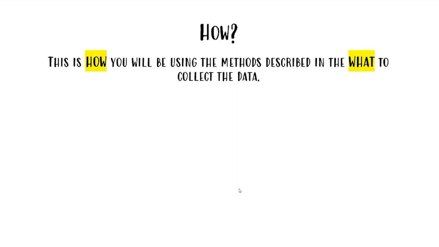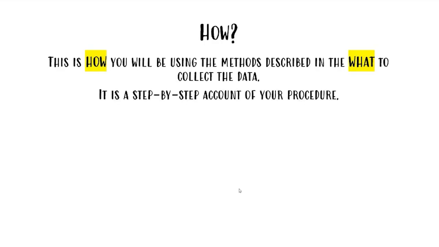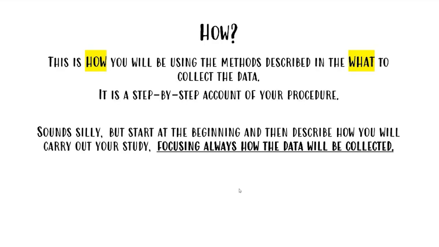And then the last one is the how. And the how is how you will be using the methods described in the what section to collect the data. So a bit of a mouthful there, but it is a step-by-step account of your procedure. So sounds silly, but always start at the beginning of your procedure.